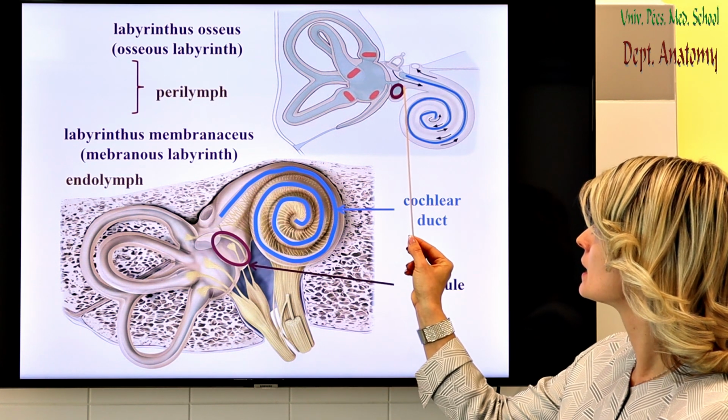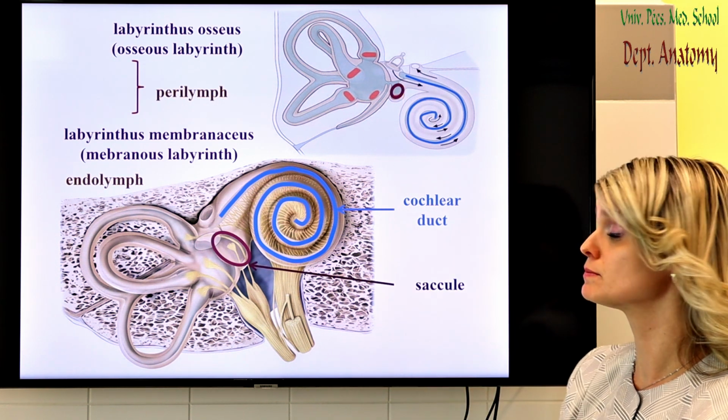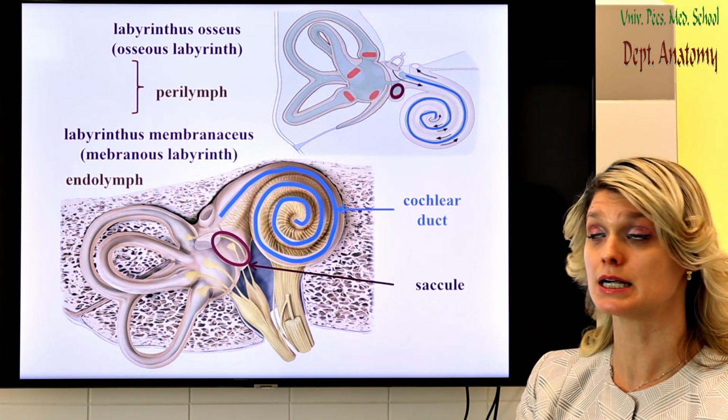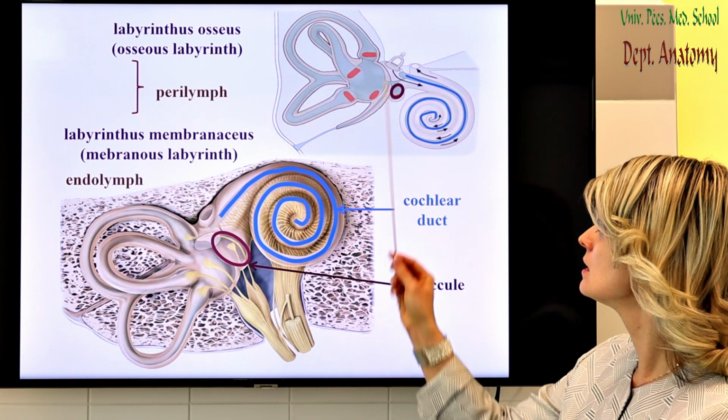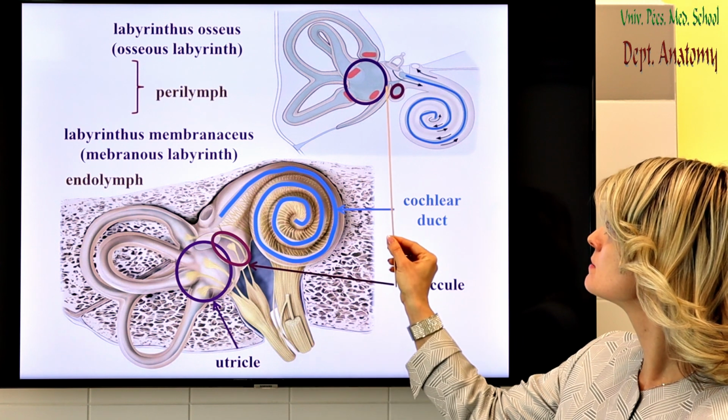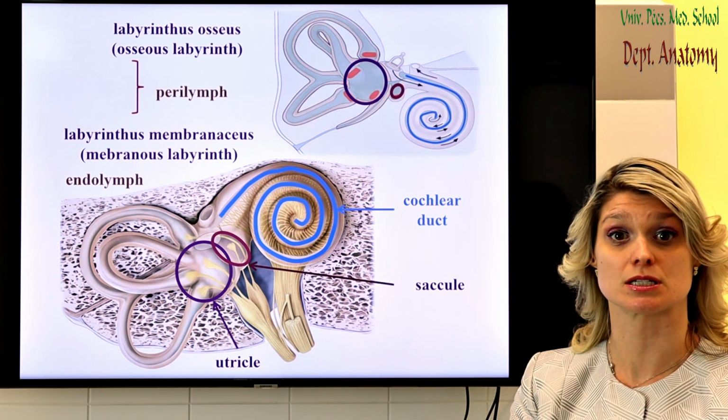Next, if we see the vestibule, within the vestibule we have two main membranous parts. The first is the saccule, and the other is the utricle. Of course, between them we have connections.